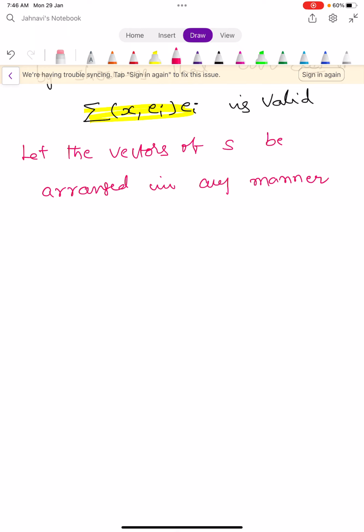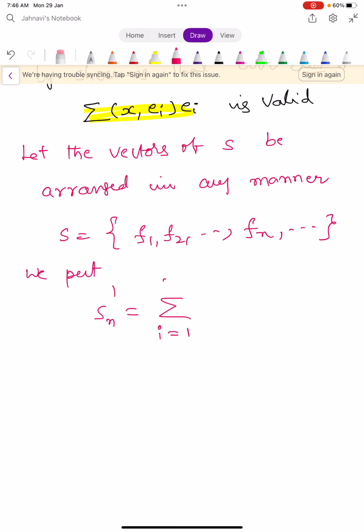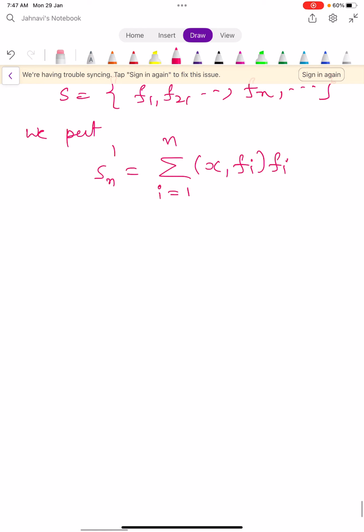You can arrange it in any manner. That is, S can be written like this: f1 comma f2 comma and so on, fn comma and so on. We put the partial sum Sn dash equal to the summation over i equals 1 to n of the inner product x comma fi into fi, as shown above.